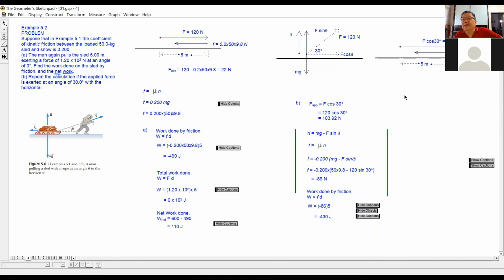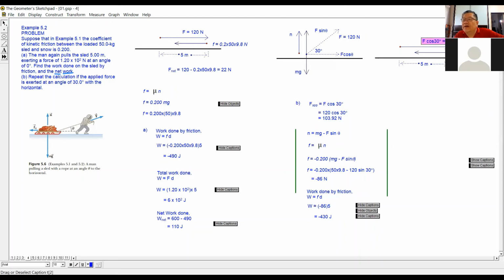No, then we look at the net force. So this diagram will show us the net force. So we know that the applied force is now only F cos 30.